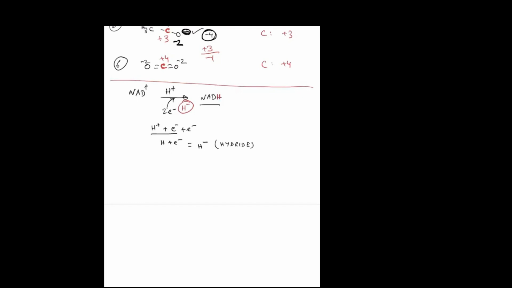And that is why NAD plus or NADH will always involve 2 electrons. So this is a 2 electron process. If it is NAD plus, it's going to be acceptor. Okay, if you're going from NADH to NAD plus, then it will be donor.